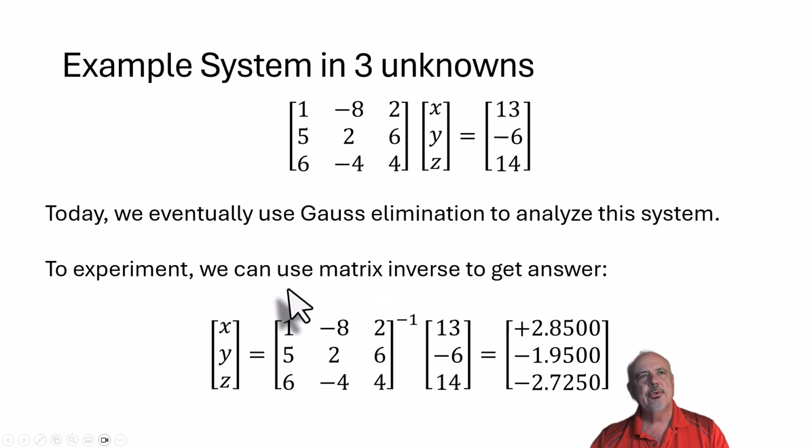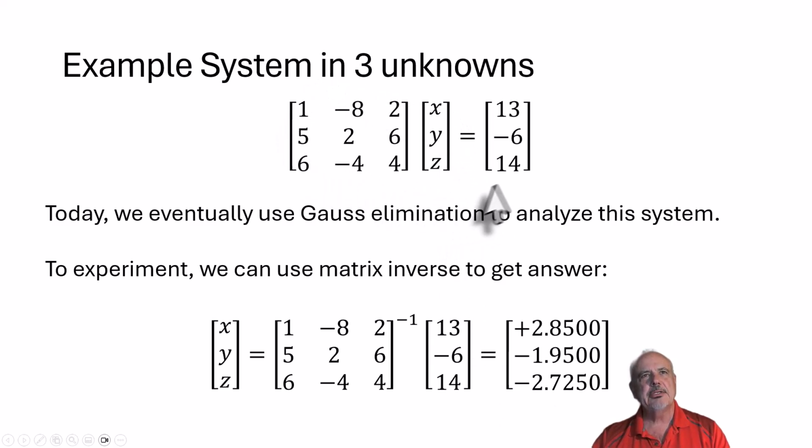That's going to create an identity matrix on the left side, so it's just going to give me x, y, and z only, but the inverse on the right-hand side times 13, minus 6 and 14 will actually give me the solution. So we could use matrix inverse to get the answer.